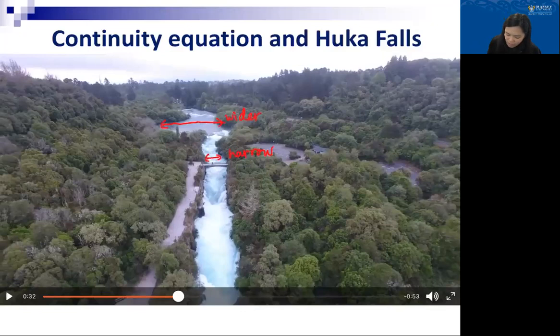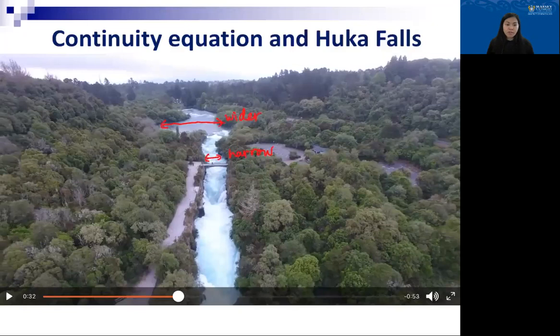And then as you have this narrower channel here, water starts to flow faster, and if you've been to Huka Falls, you would have seen this directly, that the water does flow very fast where the bridge is, where you have this narrower section. So this is an example of the continuity equation, where the amount of water in the wider area should all squeeze through this narrower area, and for the same amount of water to squeeze through the narrower area, the water needs to flow faster.